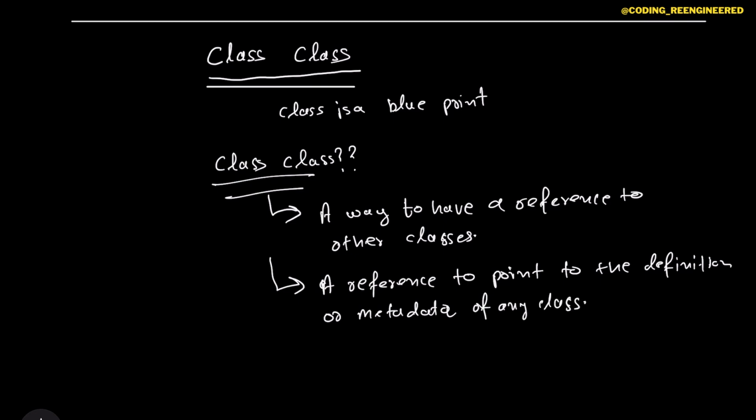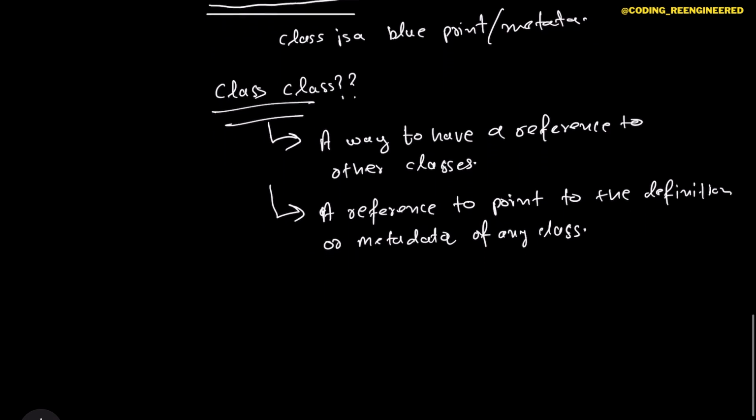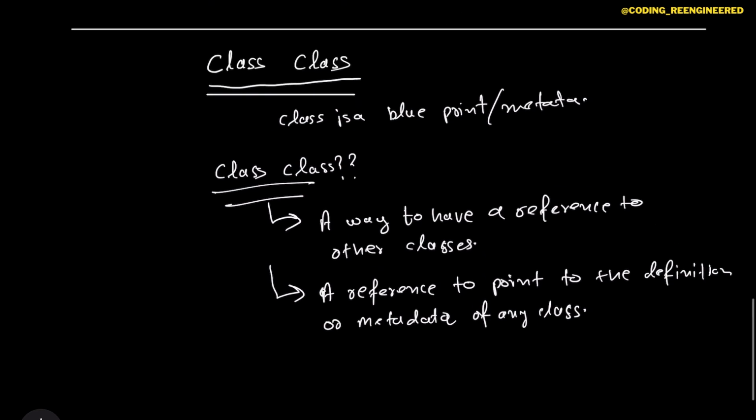We know that the class contains the blueprint or the metadata of any class, and so class of class will point to the reference to this particular definition, to whatever class you're pointing to. So this is a good concept that you should know. If this is new for someone, this is going to help you out.